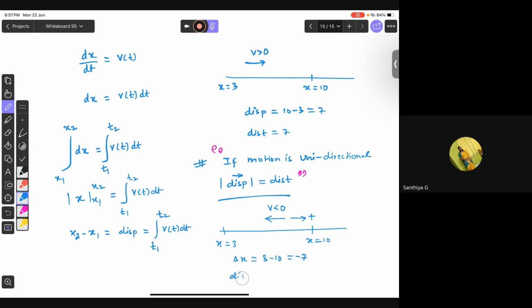So displacement is minus 7. How much is the distance? 7. So in case of unidirectional motion, when I don't change the direction, the length of the displacement vector is same as the distance covered, or not. Correct? Correct, no?